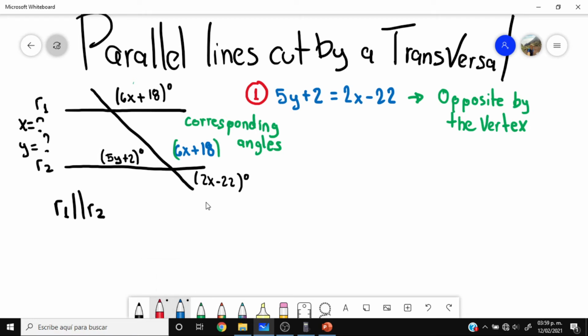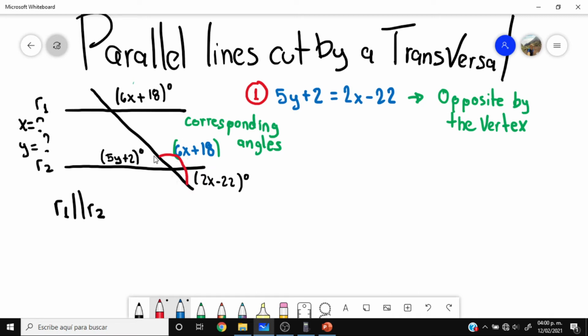Now, if you see over here, this angle is a flat angle, so it is 180 degrees. So that means that this angle, 6x plus 18, plus this angle over here, 2x minus 22, the addition is 180. So these two angles are supplementary.